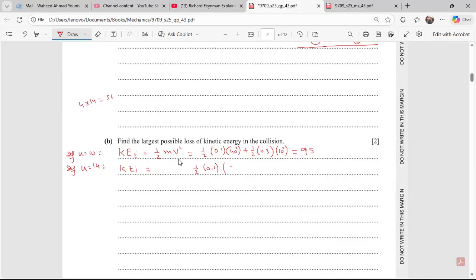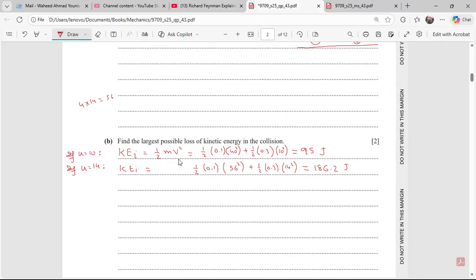So it is 56 squared, plus 1/2 times 0.3 times 14 squared. And this all comes out to be 186.2. And of course, the units are joules for both of them.